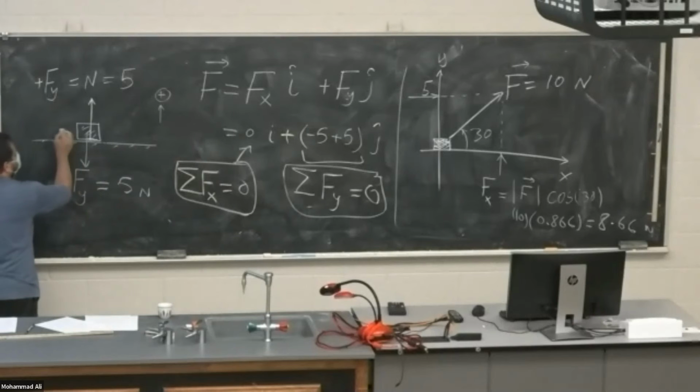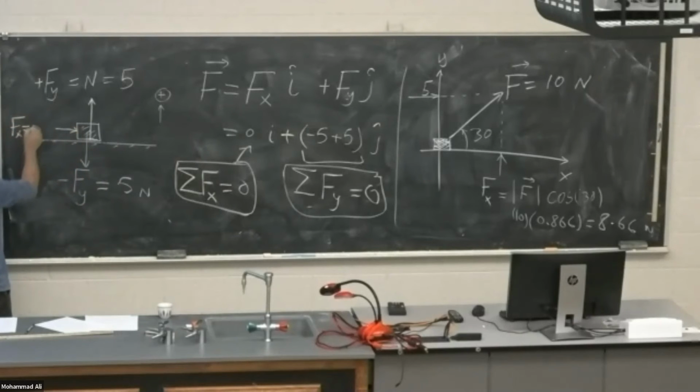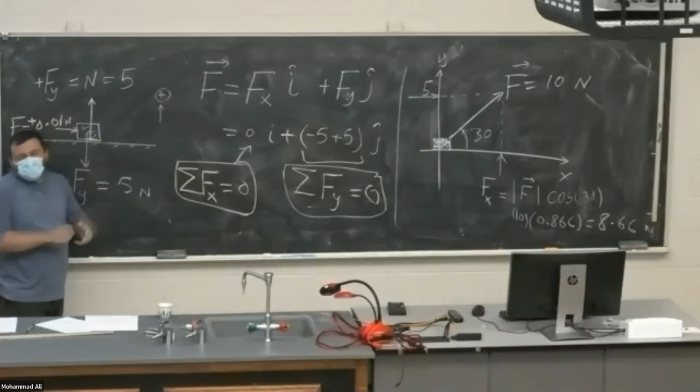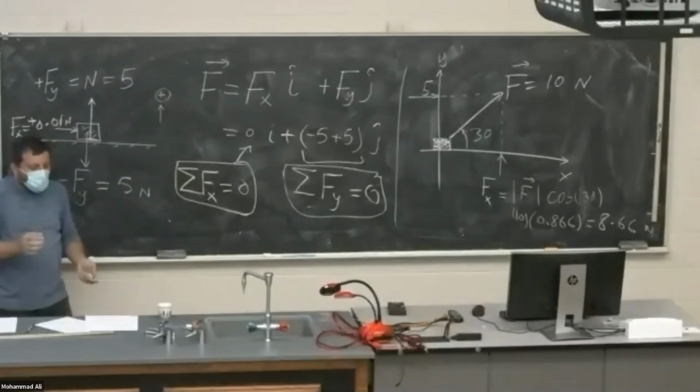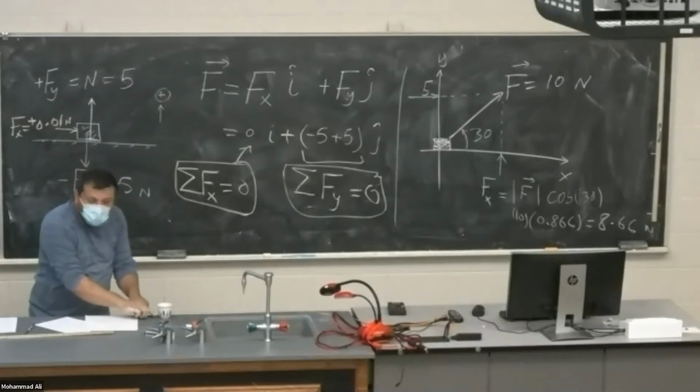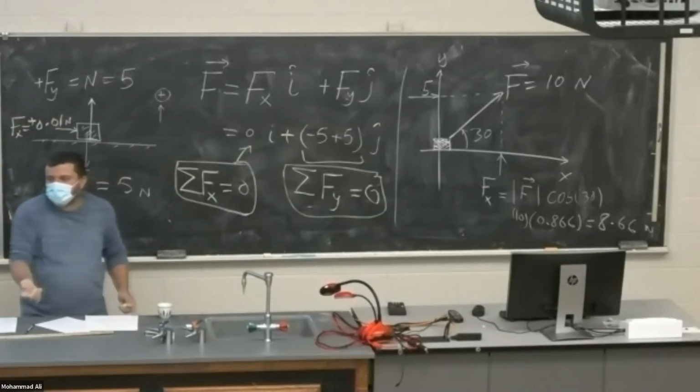I start putting a small force, maybe Fx is equal to positive 0.01 newton. It is a small force. There is a friction force here. As an example, what if an ant comes and starts pushing this object? It will not push it.